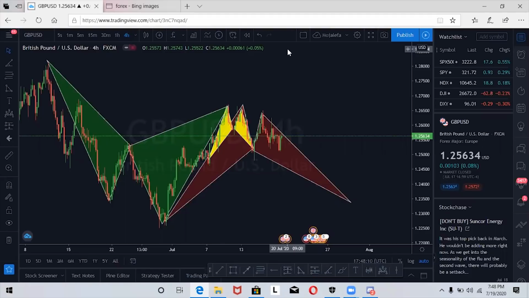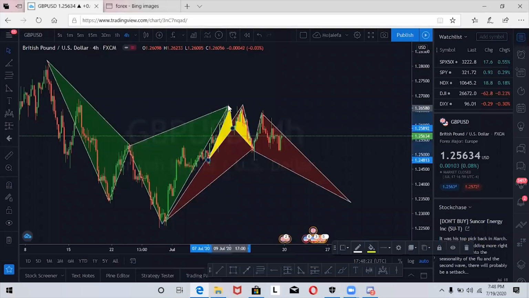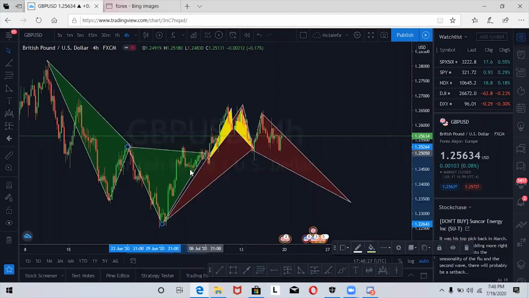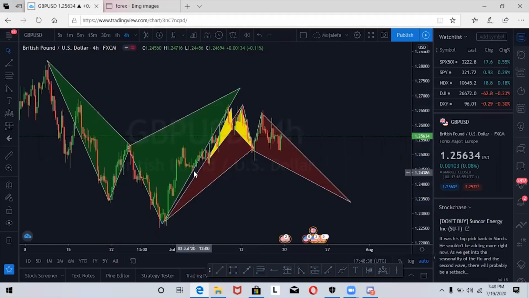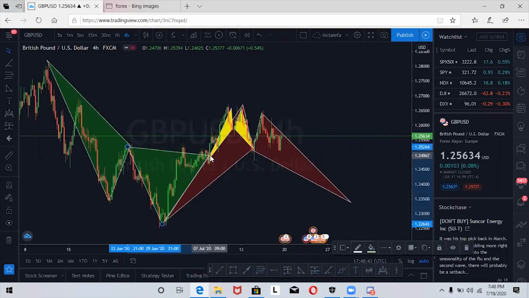All you know is that if you are to see a bullish bed, or sorry, a bullish butterfly, let me remove this so I can get this one. You're gonna spot it when it's something like this. Then your overview is gonna look something like this. Then you trade it when it's still down there, when it's still somewhere here. You get what I mean?